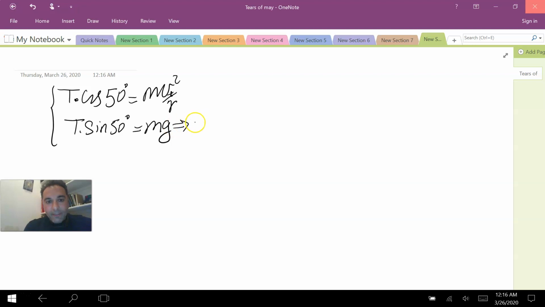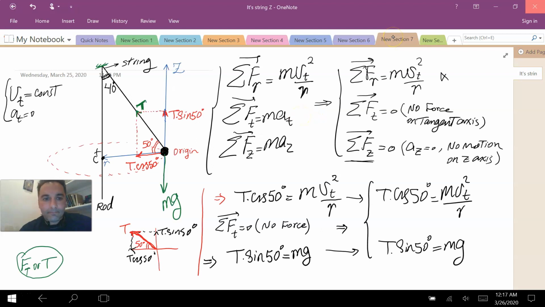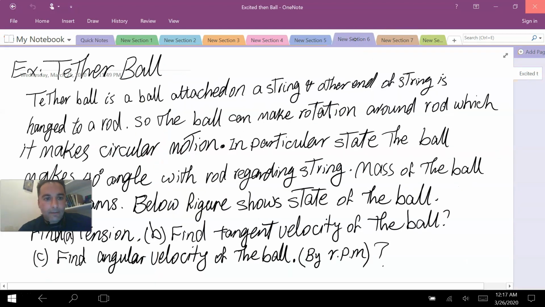Watch. I can say T is what? mg divided by sine 50 degrees. Why? Because I know mass, I know g, I know sine of 50, so tension becomes known. How much did they give you for mass? Mass of the ball is 500 grams.